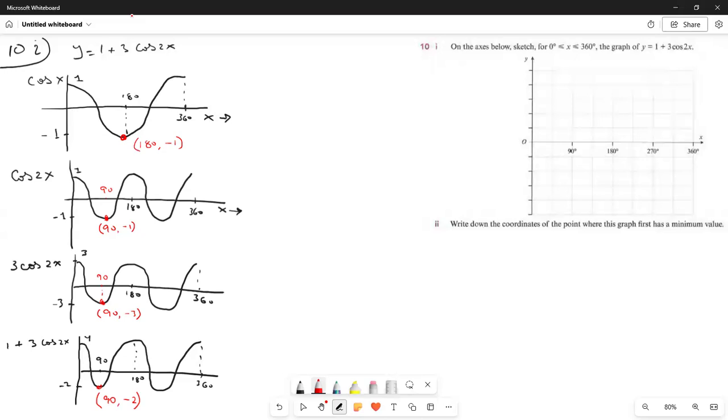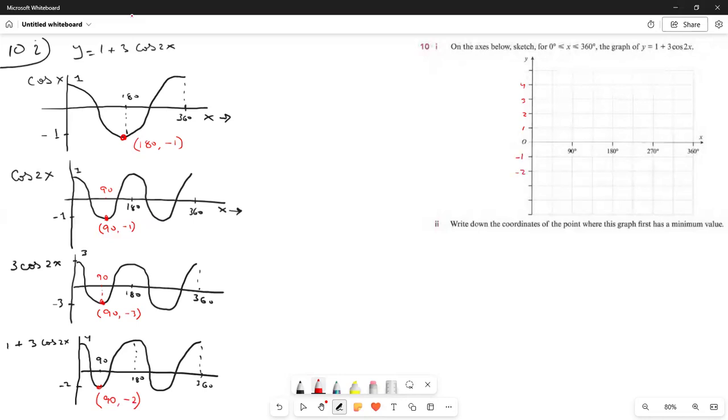Okay, they ask us to sketch from 0 to 360 degrees. So this is what we did. If I make it over here, this is 1, 2, 3, 4, and this is -1 and -2.